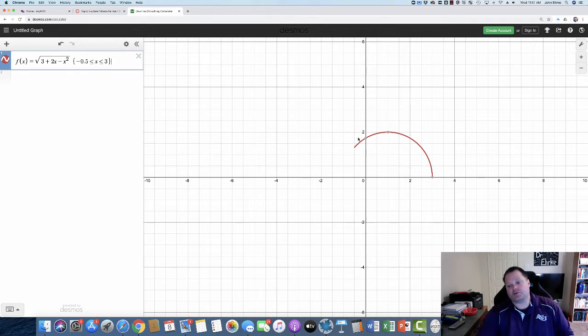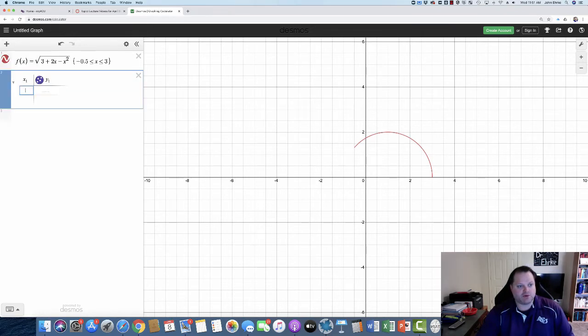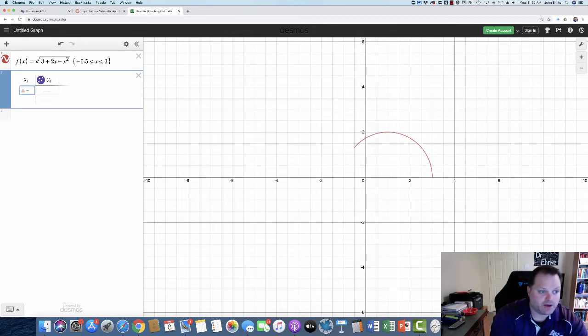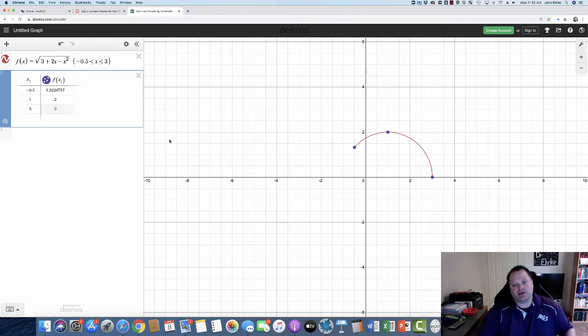So this is the function that we're considering, but I'm just going to create a table of values real quick. So the first point is x equal to negative 0.5. Y1 here is f of x1, so the function value at x1. The next point is 1, and the next point is 3. And you can see how Desmos puts all those points into place for us.